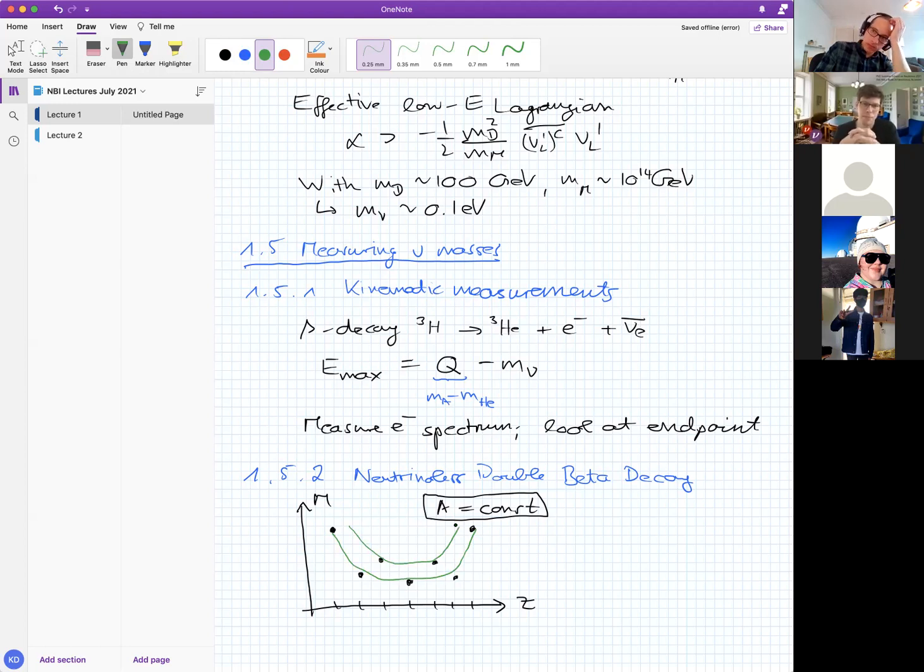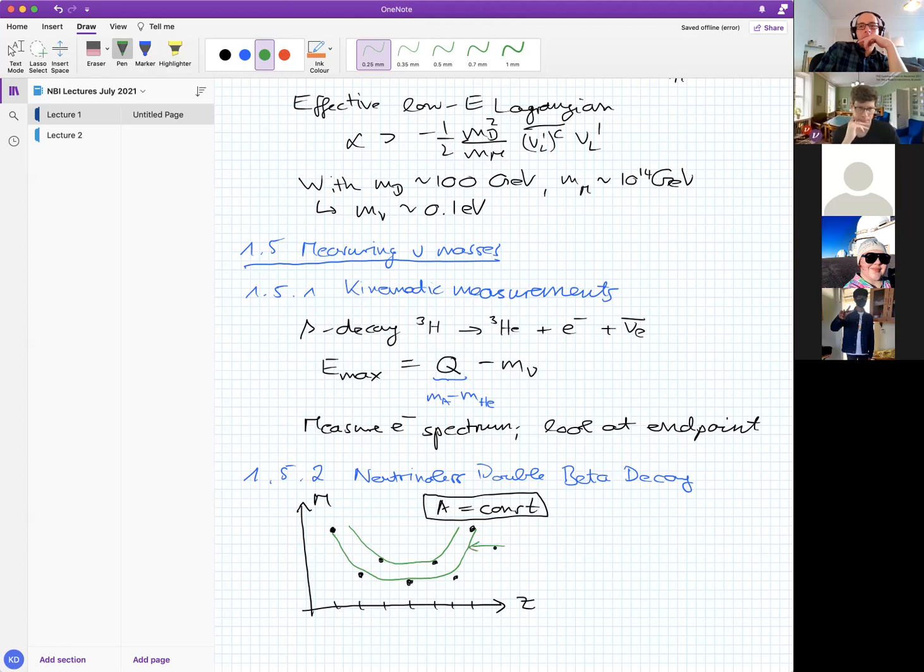The reason for this is that nucleons inside a nucleus always try to pair up. And so for nuclei that have even numbers of nucleons, every nucleon can find a partner to pair up with and form a particularly strongly bound two-nucleon system. For those nuclei which have odd numbers of nucleons, there's always one nucleon that can't find a partner. And that is energetically unfavorable, and therefore those nuclei have higher masses.